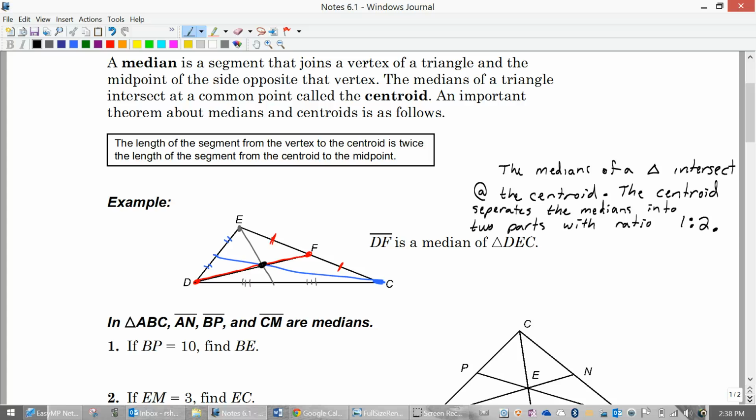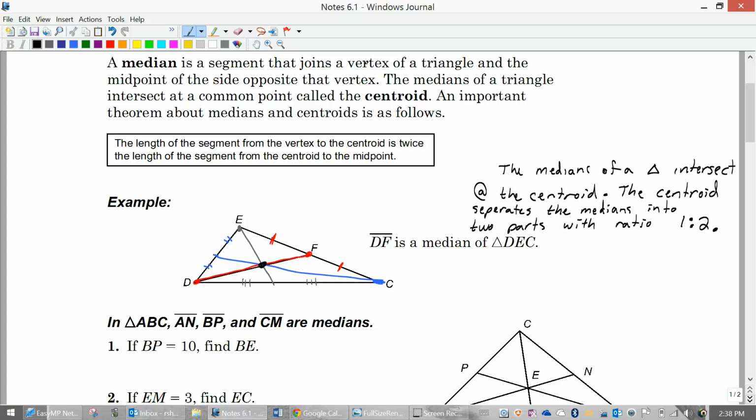Does that make sense? If it's 1 part sugar, 2 parts flour, right? And I'm talking about the whole mixture of those. There's total 3 parts. The sugar is 1/3 the size of the whole mixture. Make sense? If that makes sense, this will make sense. If that doesn't make sense, this will not make any sense at all. Okay? I want to make sure.